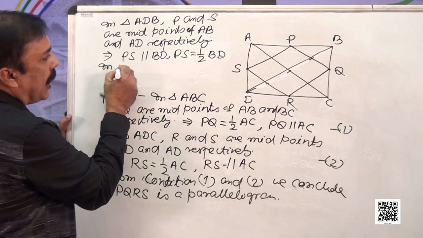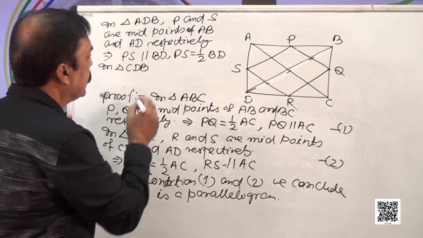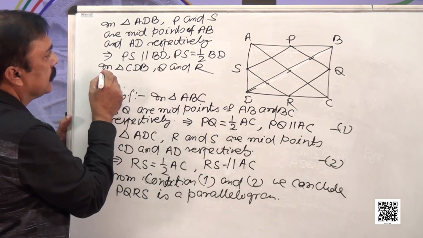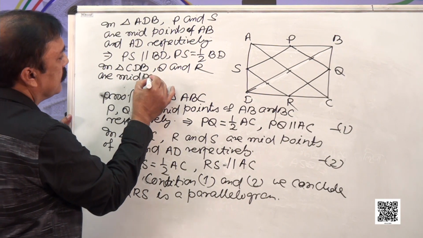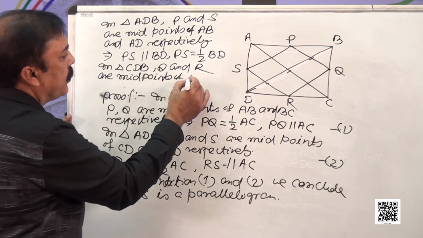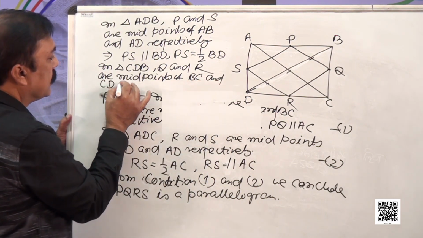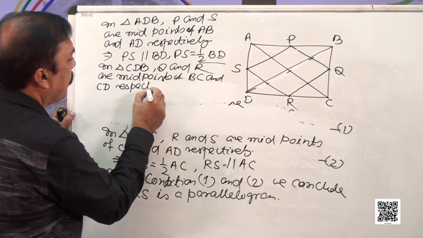Again, in triangle CDB, Q and R are midpoints of BC and CD respectively.